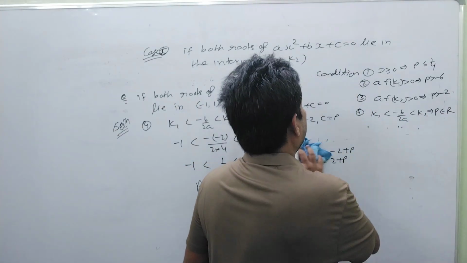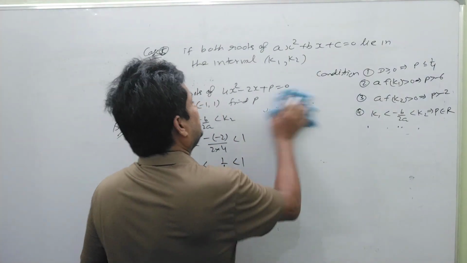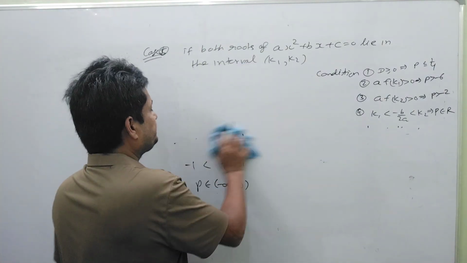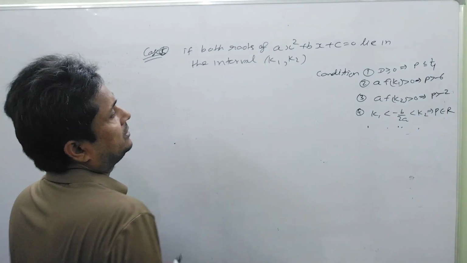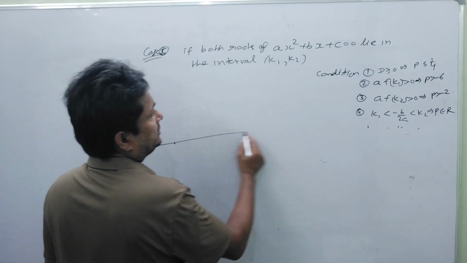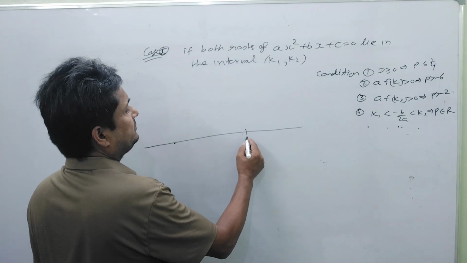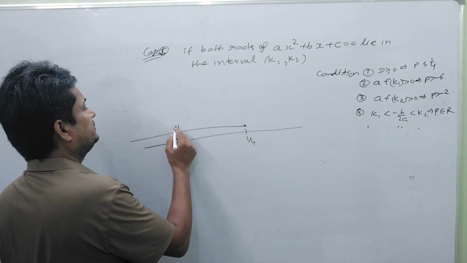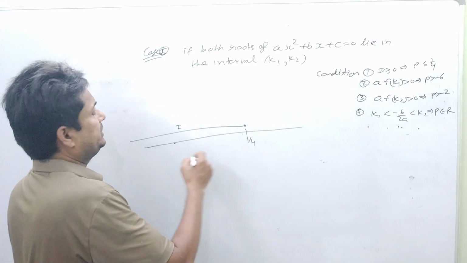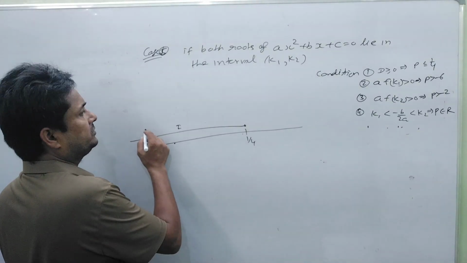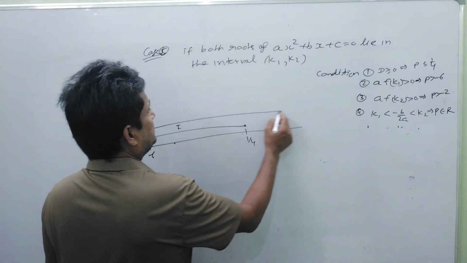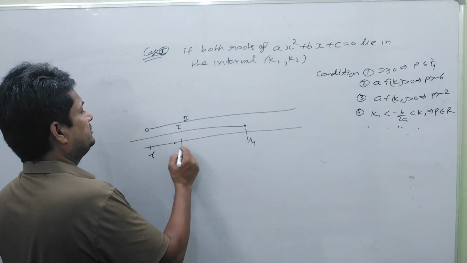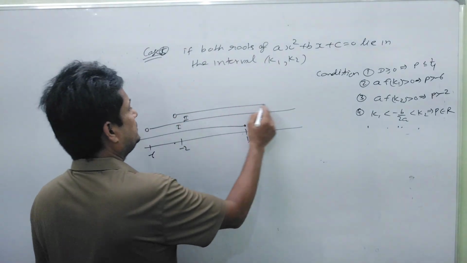Now simplify all these 4 cases and take the intersection. What is the intersection of these 4 cases? The first one is p less than or equal to 1 by 4. The second one is minus 6 to infinity. The third one is minus 2 to infinity.